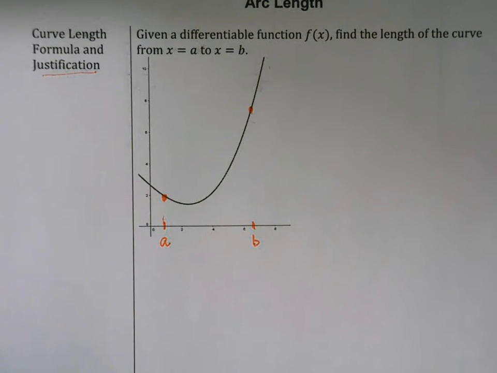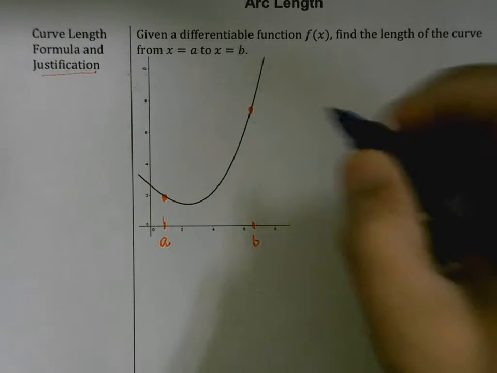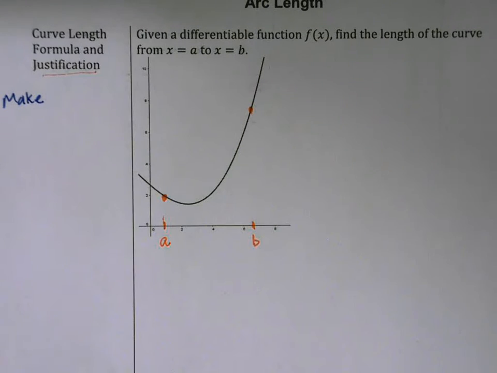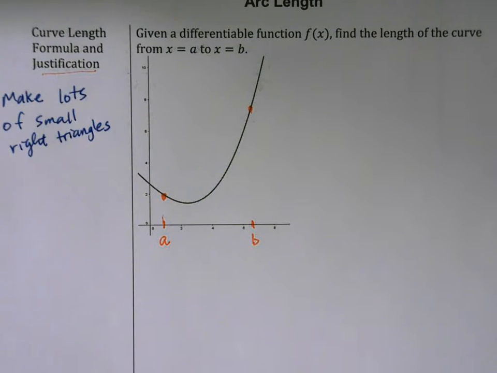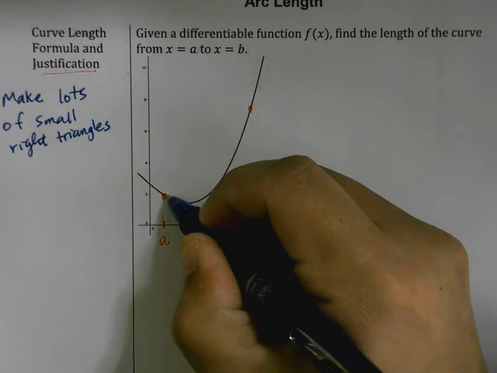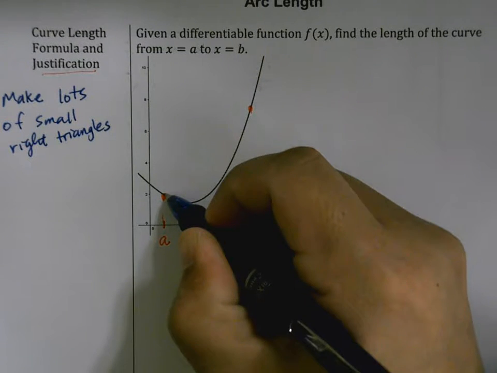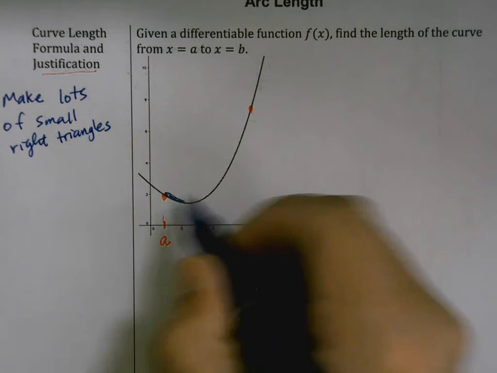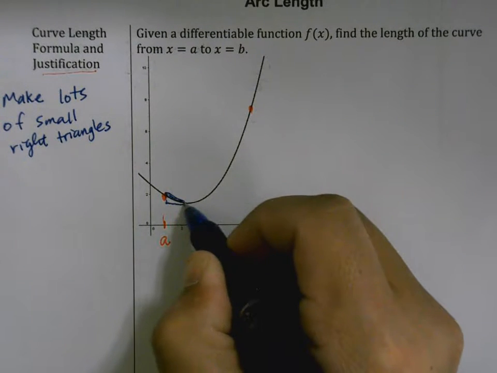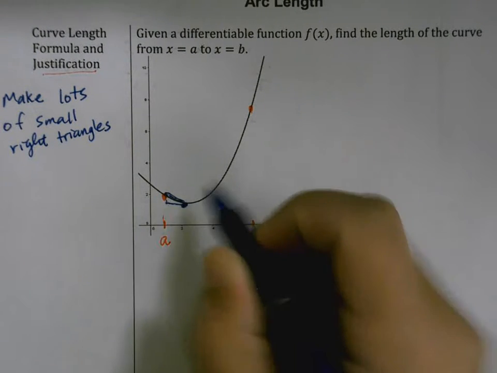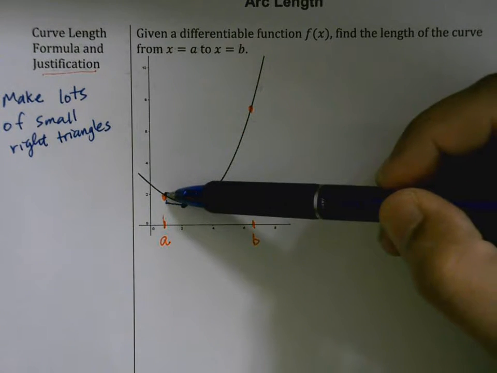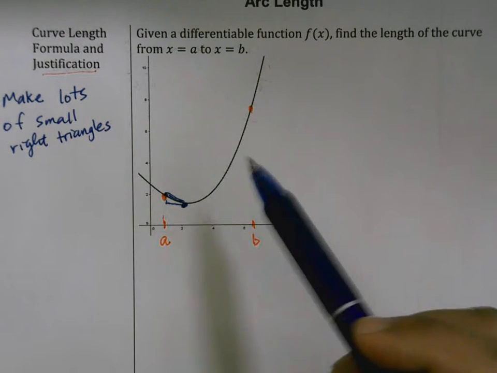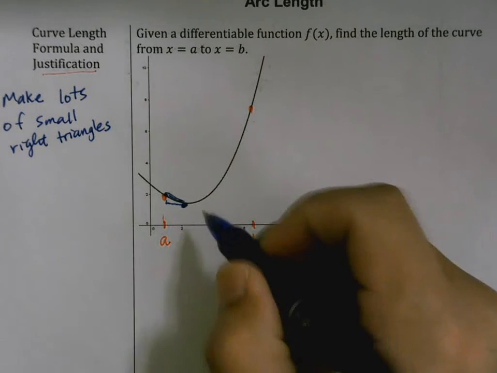So the idea and the justification for finding this arc length is to make lots of small right triangles. So, let's see, if I take this and I just draw a straight line here, I know that the dark line that I drew in here can be calculated using the Pythagorean theorem.